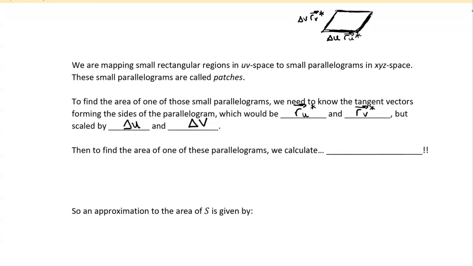And if you recall from earlier in the year, how are we going to find the area of a parallelogram? We can take the magnitude of the cross product of these two vectors.